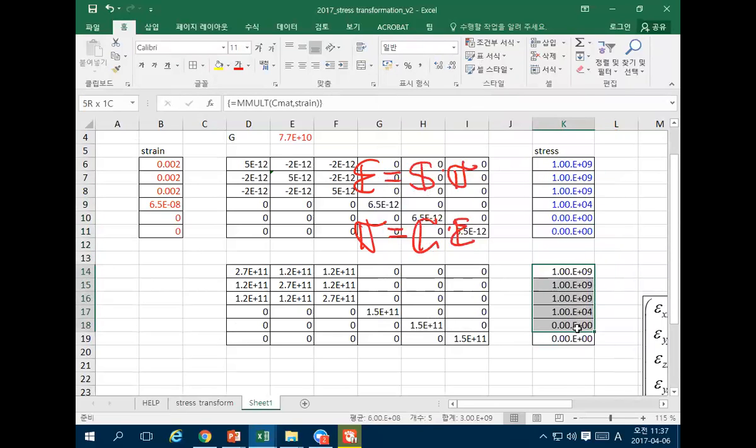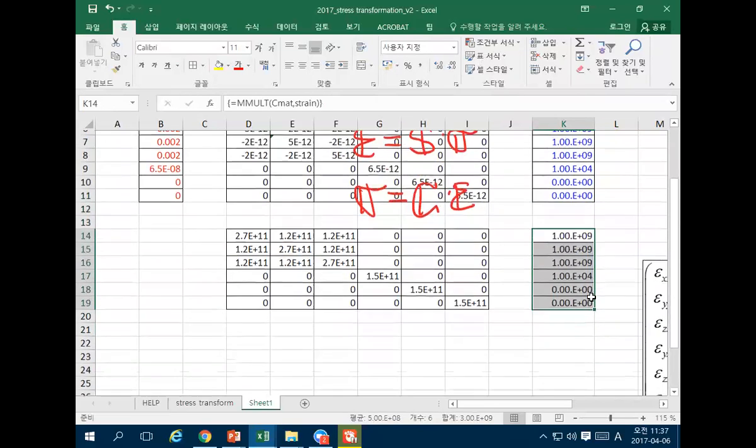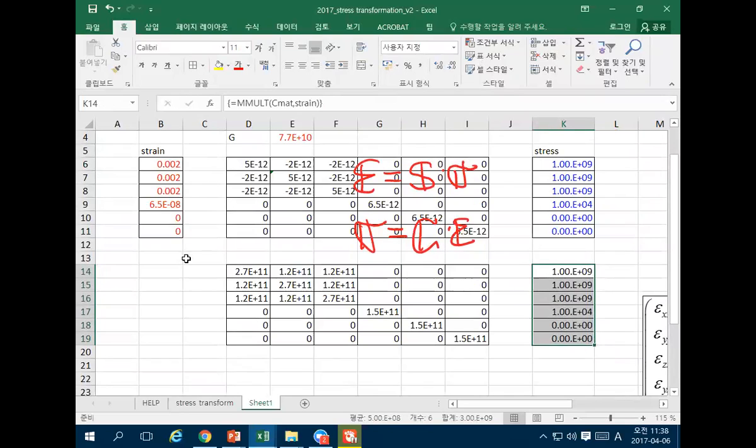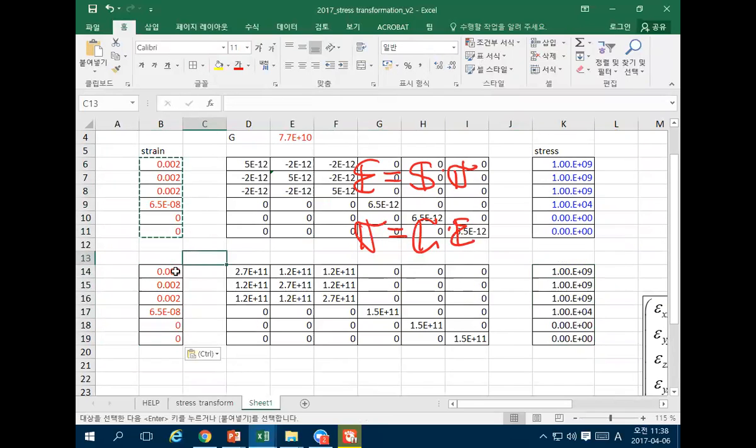Okay, we can double check this test. So whenever the strains are given, we can have this stress. So let's call this one, let's say this is a strain. But I don't want to give the same name.